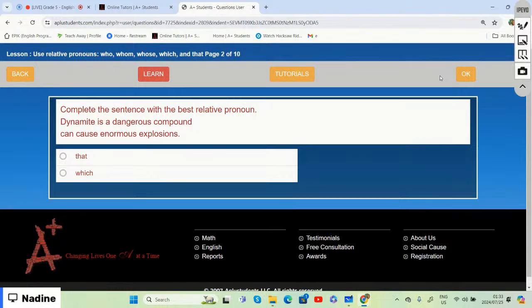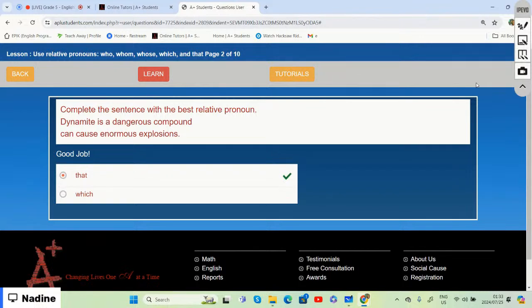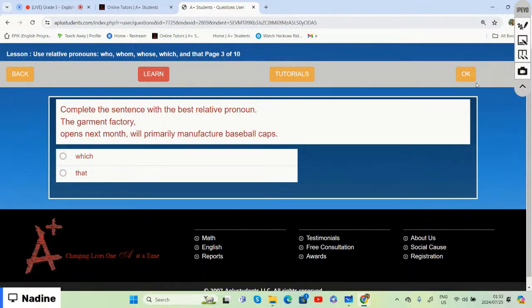Dynamite is a dangerous compound that can cause enormous explosions. So that is correct. So well done.